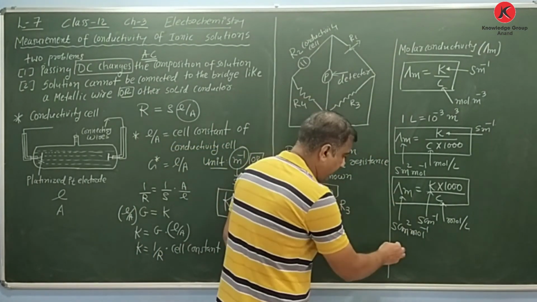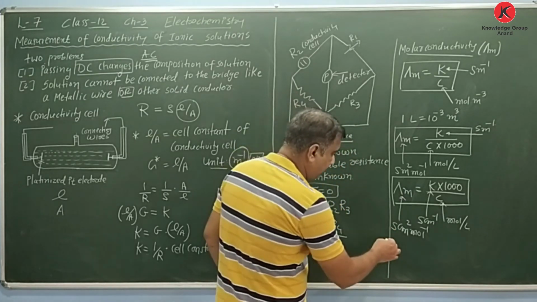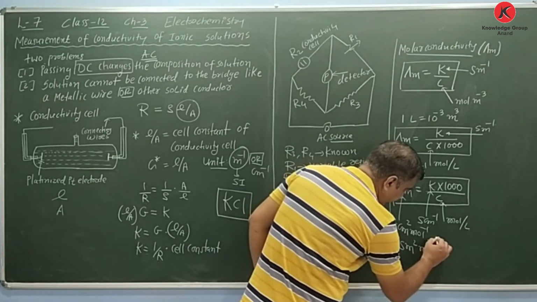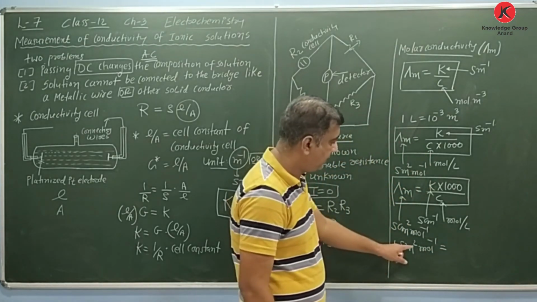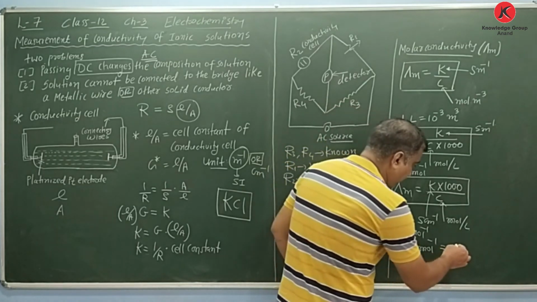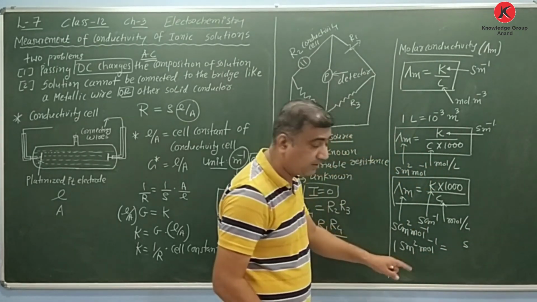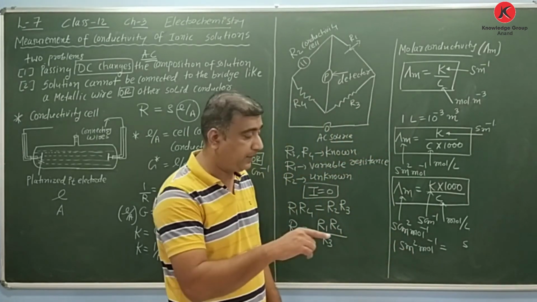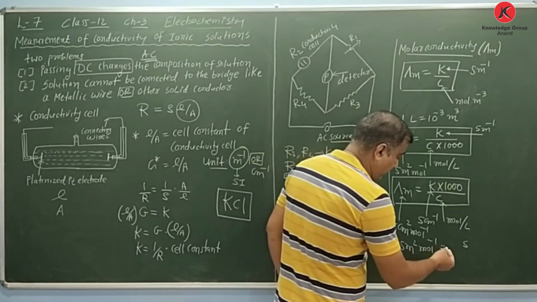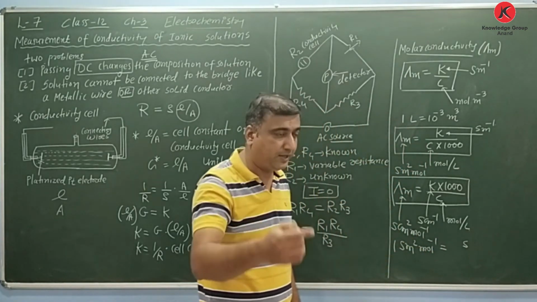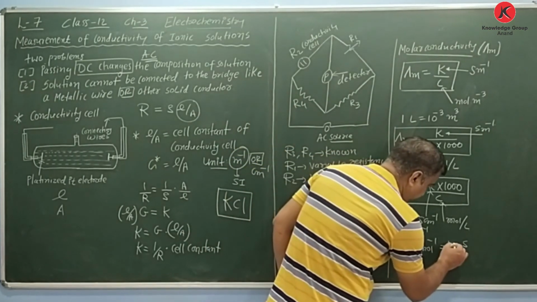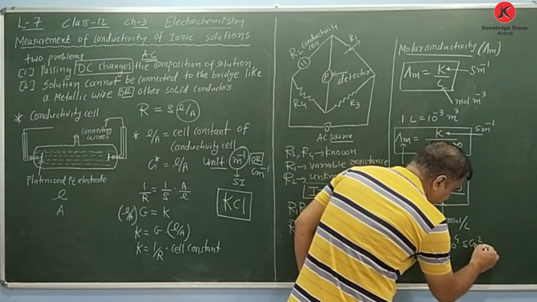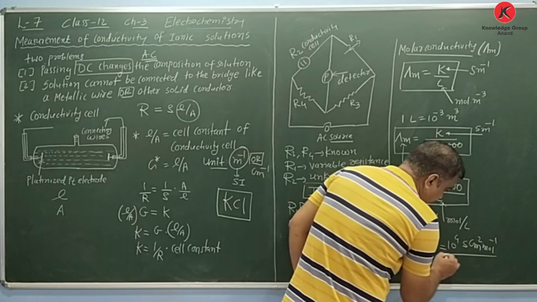These can be converted into each other. 1 Siemens meter square mole inverse equals, Siemens remains Siemens here, and meter can be converted into centimeter. That means 1 meter is 10 power 2 centimeter, so meter square gives 10 power 4. That means 1 Siemens meter square mole inverse equals 10 power 4 Siemens centimeter square mole inverse.